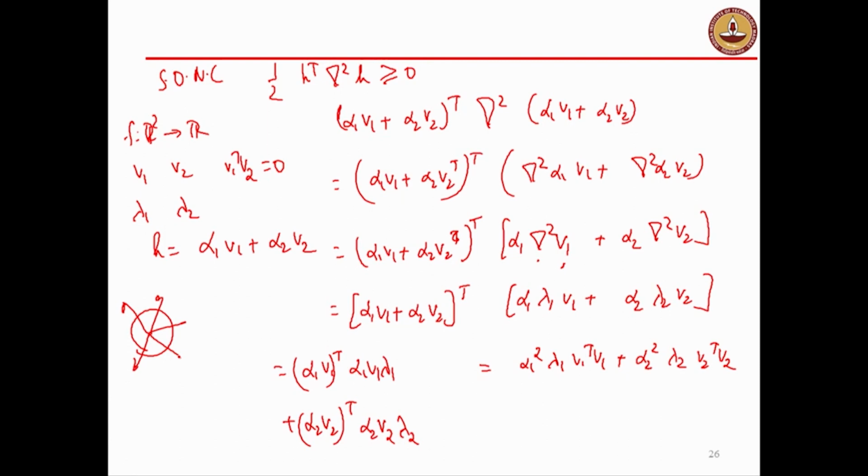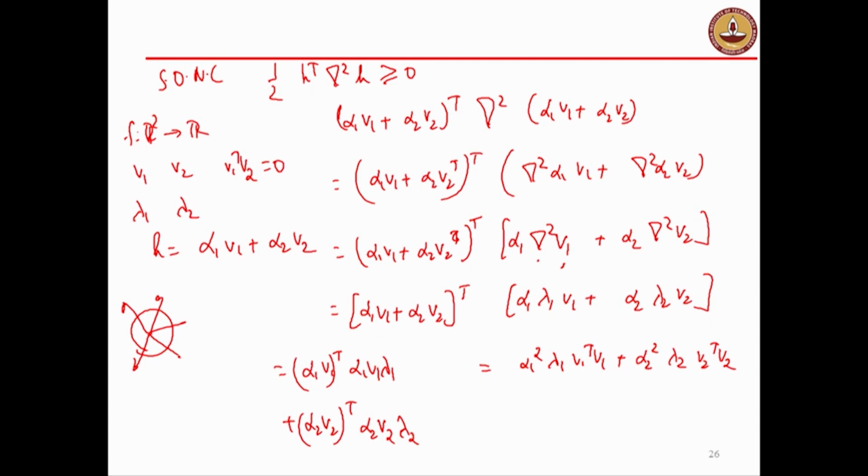So what can you say about lambda 1 and lambda 2? No matter which direction I go, this term should be non-negative. Definitely it should be true if I go along the eigenvector directions. If I go along V1, then alpha 2 is equal to 0, because I am going only along the first eigenvector direction.